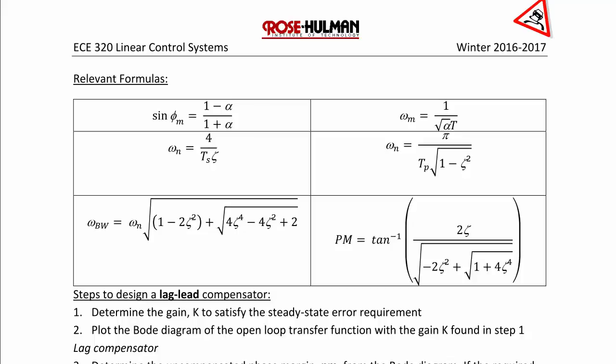And the frequency bandwidth can be found by using the natural frequency, omega n, times the square root of the quantity 1 minus 2 zeta squared plus the square root of 4 zeta to the fourth minus 4 zeta squared plus 2. And finally, the phase margin, which is equal to the arctangent of 2 zeta over the square root of negative 2 zeta squared plus the square root of 1 plus 4 zeta to the fourth power.